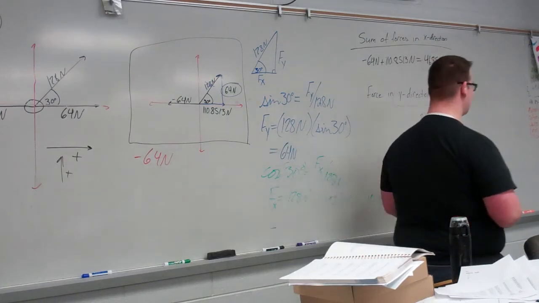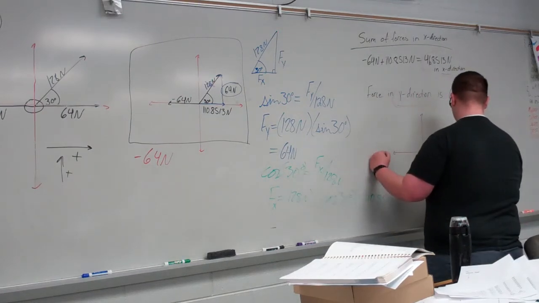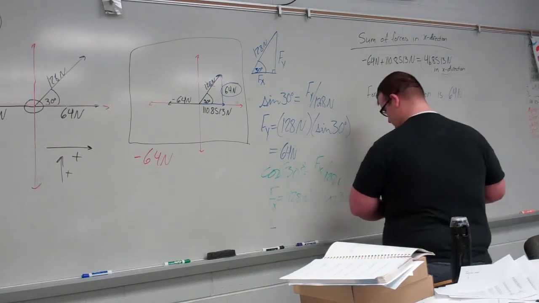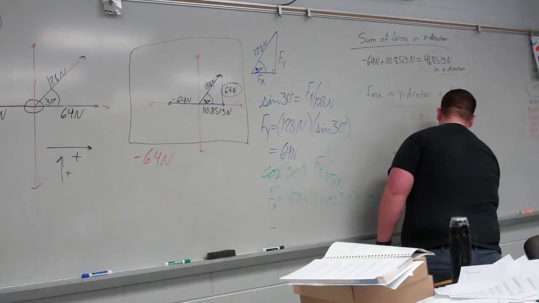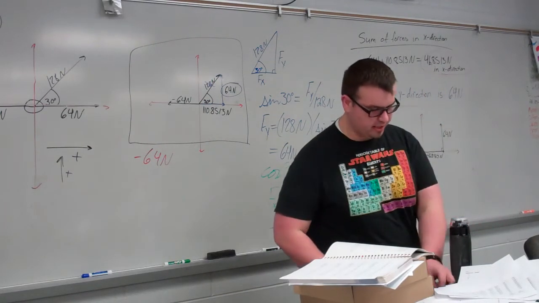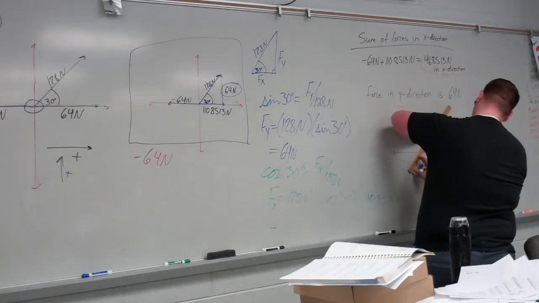I'm going to go from the tip of my x direction vector and go to my y, so it's going to go up 64 newtons. That makes a right angle right there. And you go from the tail of your first one to the tip that you had.